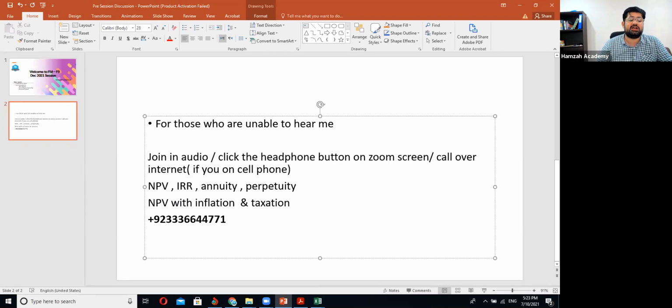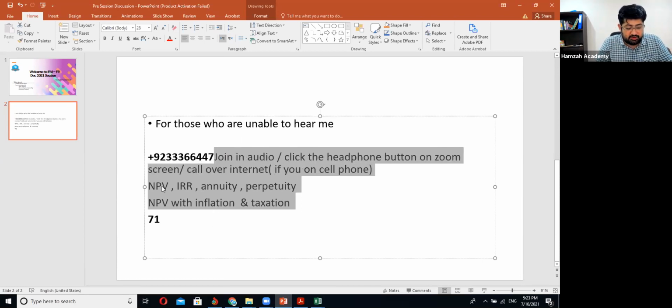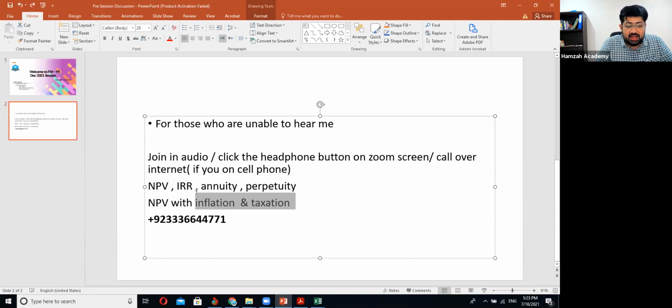So this is the agenda for next class. Once we have done this, after the next class, we will be able to attempt past exam questions, and we'll be shifting towards that.